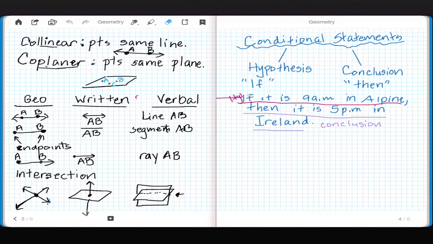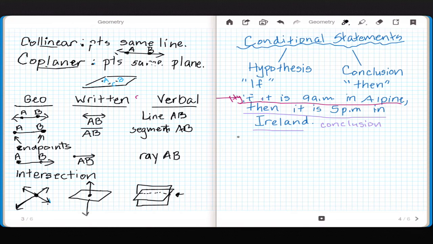Oops, sorry about that. So pink will be my hypothesis. So basically, when you're talking about conditional statements, you just need to remember that the if part is the hypothesis. If something happens, then something else is going to happen, and that then is the conclusion.